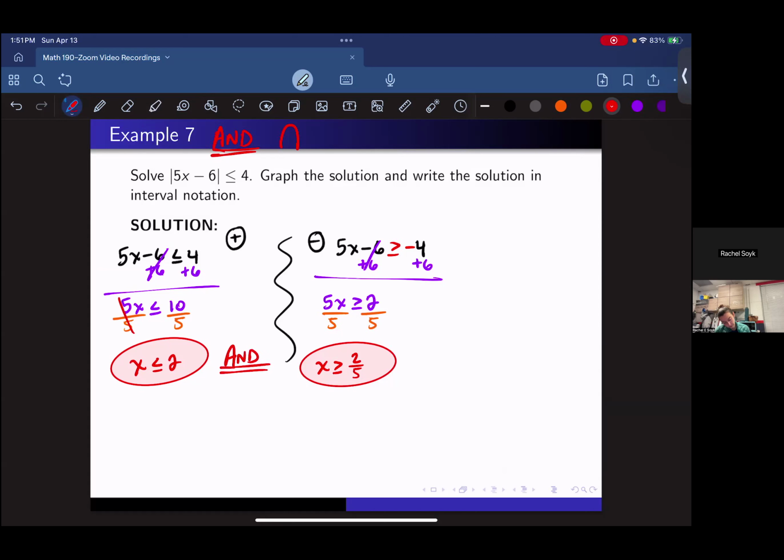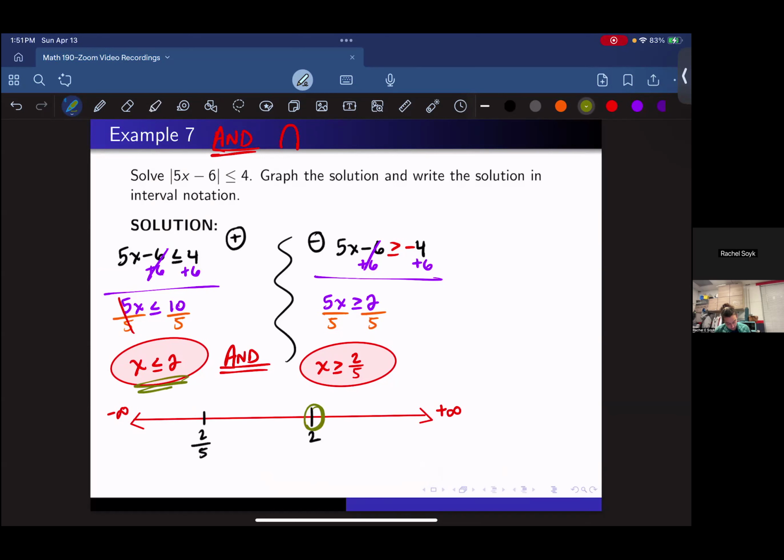So let's graph this on a number line to really be able to see what's going on. We have 2 here and 2/5 here, and we're looking at all values that are less than or equal to 2.